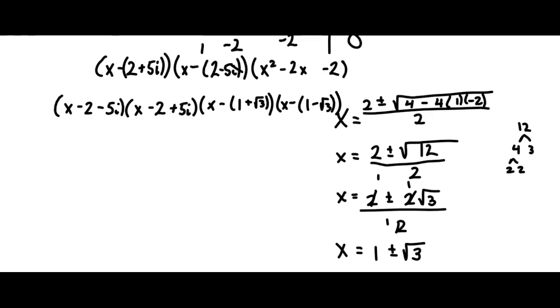I could simplify that if I wanted to, but for the sake of time, we'll just leave it like that. And if you were to look at a graph, obviously you wouldn't see the imaginary zeros, but you should find that you have a zero occurring at 1 plus radical 3 and 1 at 1 minus radical 3, and it should look like a parabola shape.